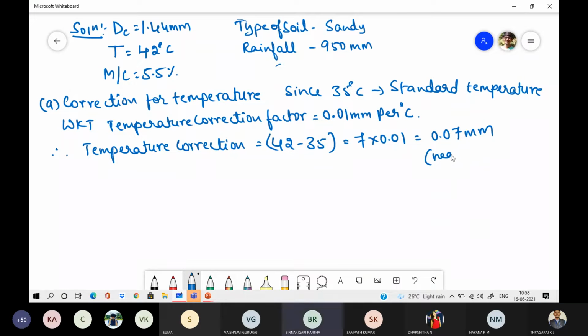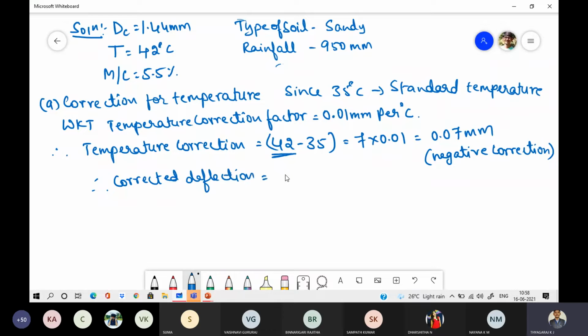Negative, because the temperature you have measured is greater than 35, so it should be a negative correction. Therefore, corrected deflection is equal to 1.44 minus 0.07 mm. So how much are you going to get? 1.37.